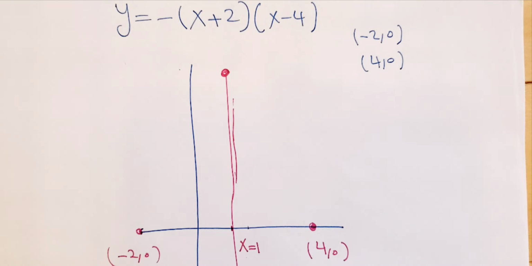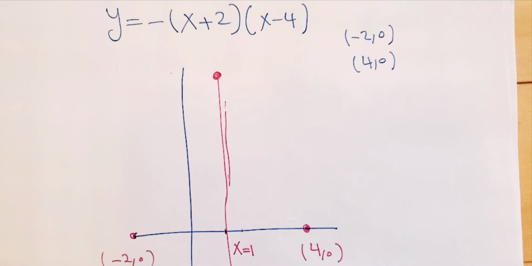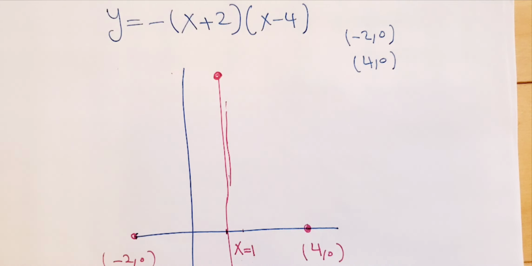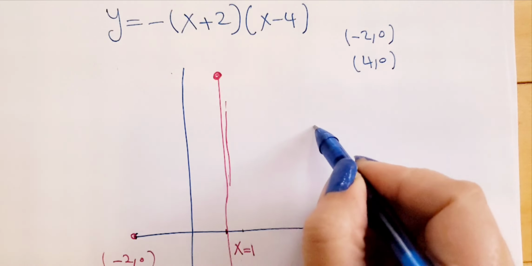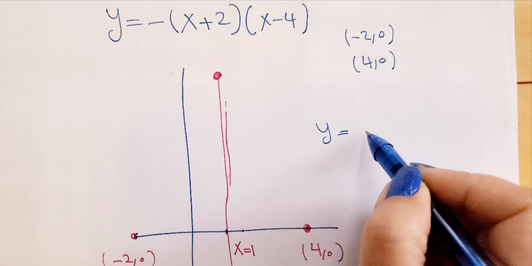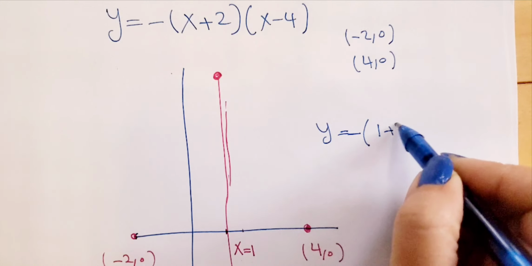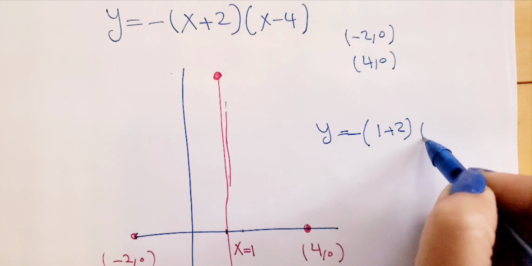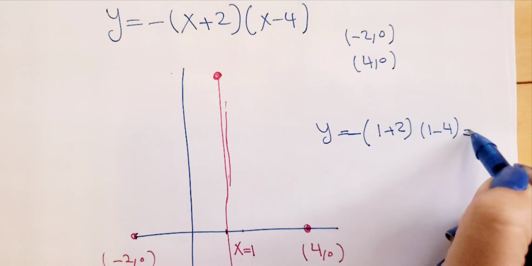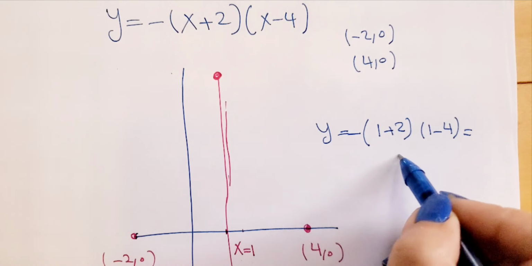So we will substitute the x value in our original formula and find the y value. Okay, so here y would be negative 1 squared plus 2 times 1 plus 4, and it turns out to be 9.